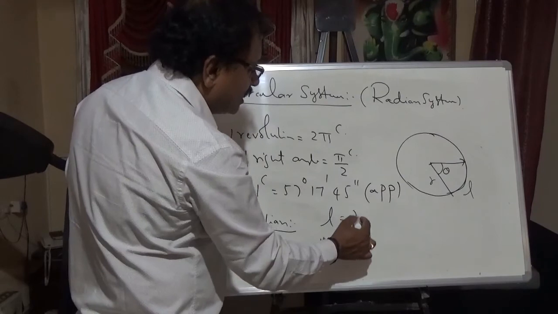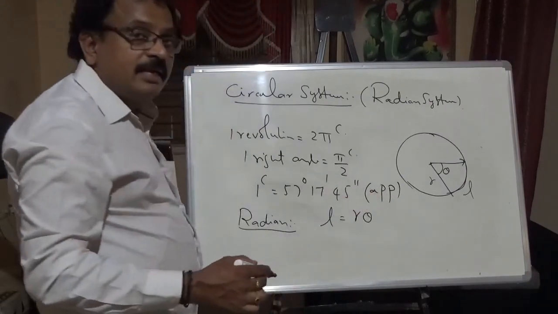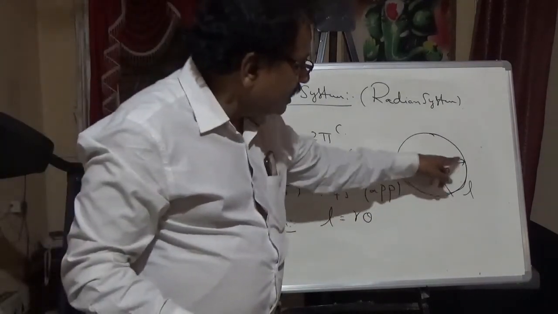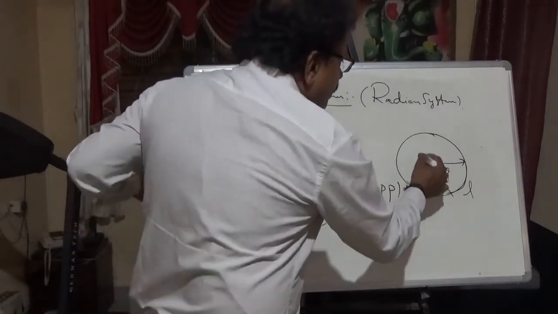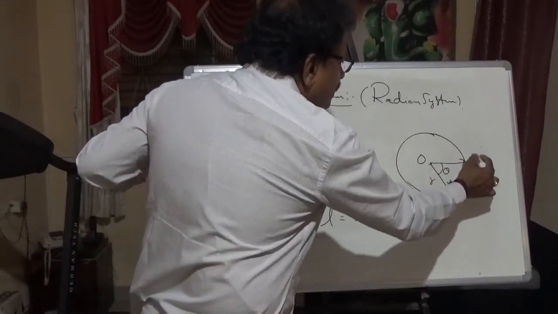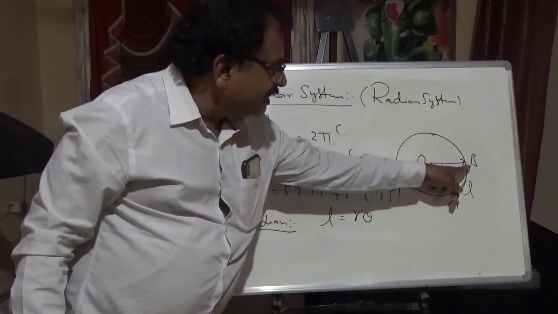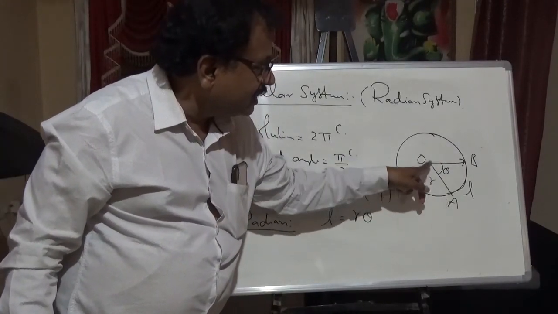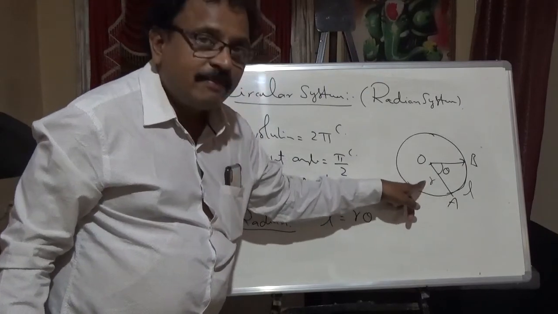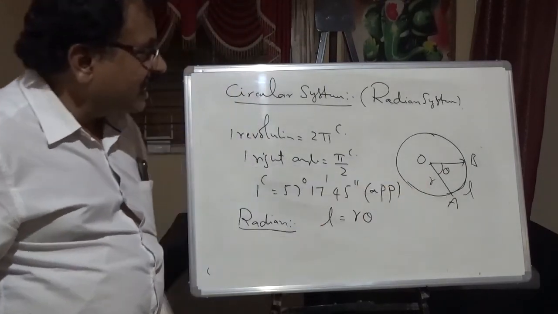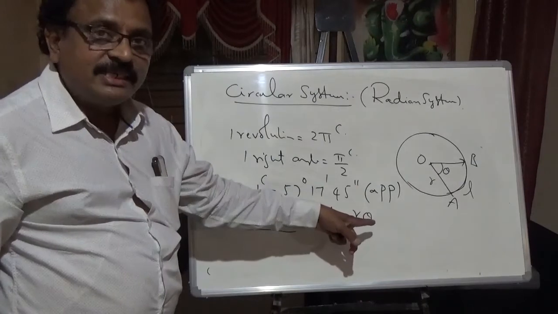L is equal to R theta. In the sector AOB, AB is the length of arc, OA is the radius, and the relation between L, R and theta is L is equal to R theta.